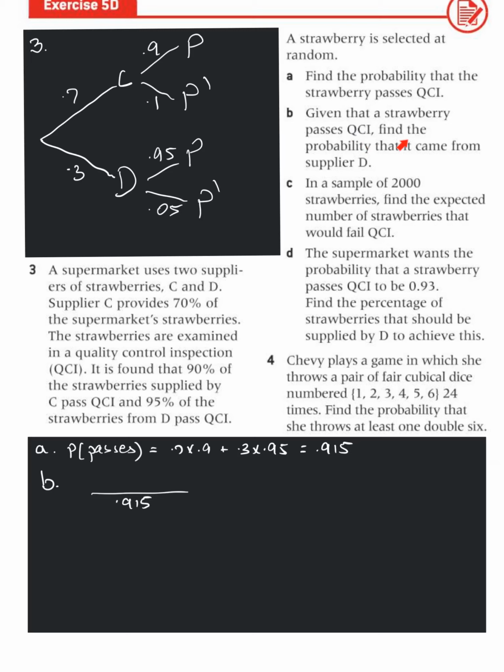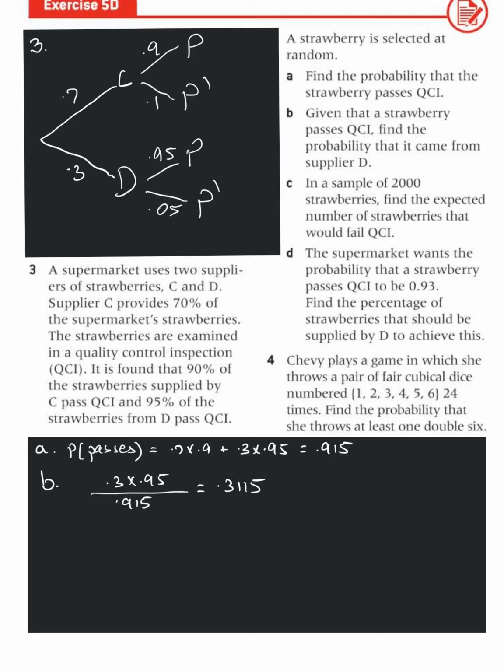Given that a strawberry passes, find the probability that it came from supplier D. So we're just interested in that, and now we've got to take this and put that on the top because it came from D. 0.3 by 0.95 on the top. And that equals 0.3115.